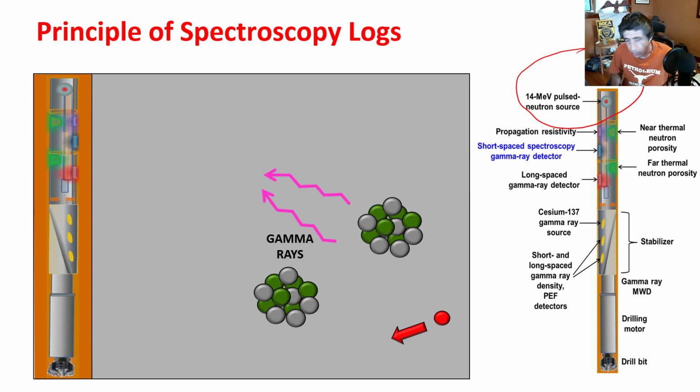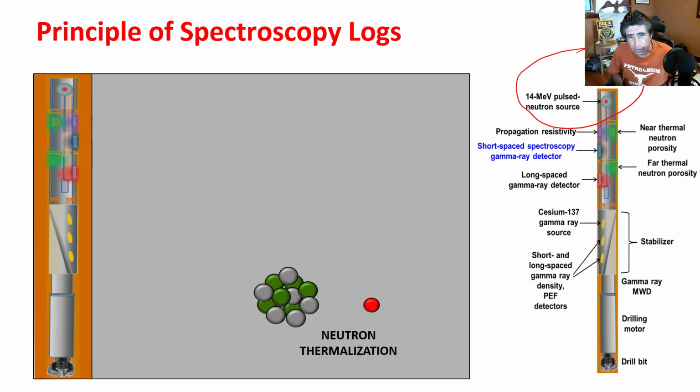And when they reach the thermal threshold, the neutrons are going to be captured by the atoms. And when the atom captures an extra neutron, it becomes radioactive, and it begins to send gamma rays whose energy is indicative of the atom that gives rise to this.